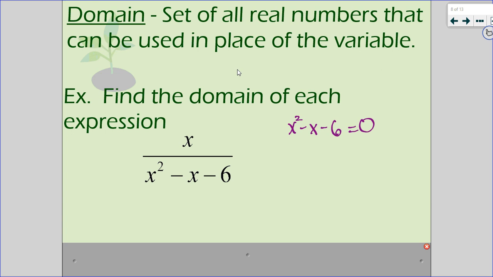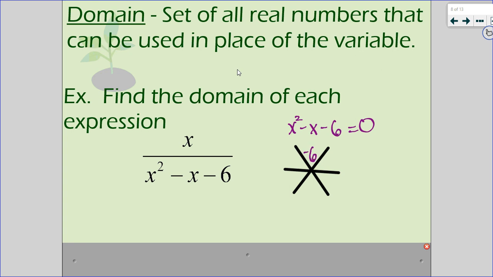Would it be 6? 6 squared minus 6 minus 6. How would we solve that, Tilly? You would do the snowflake. What goes at the top? -6.